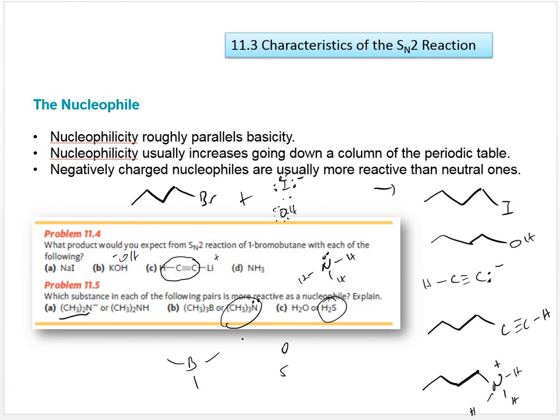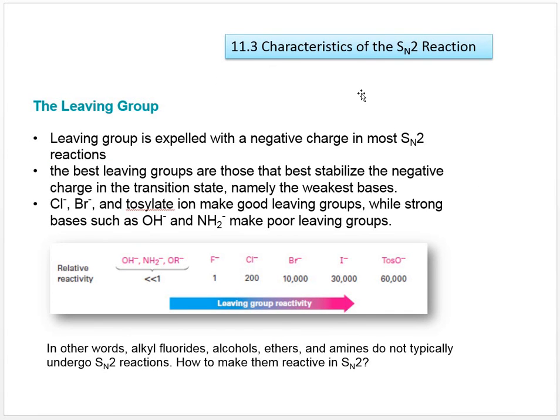Here again, we don't say more basic, but again, more nucleophilic. We know that boron is a Lewis acid, but nitrogen or amines or ammonia, they are Lewis bases. So you have to know a little bit which one is base, which one is acid for the second part. Okay, then let's look at the next effect.